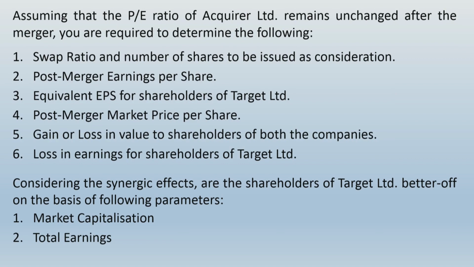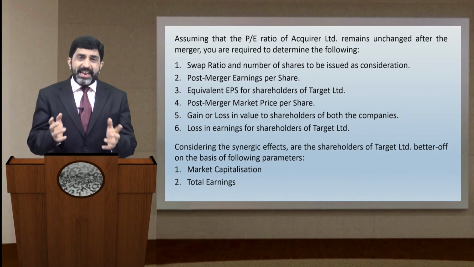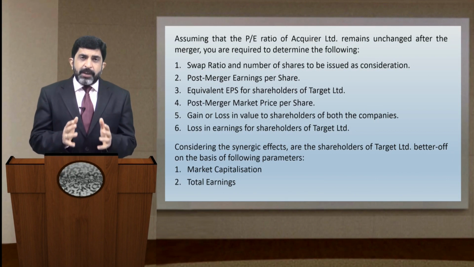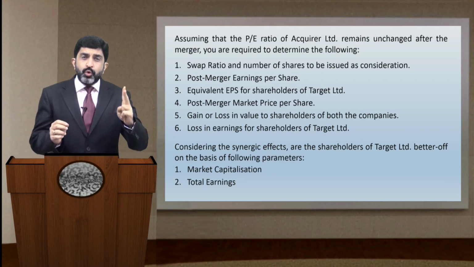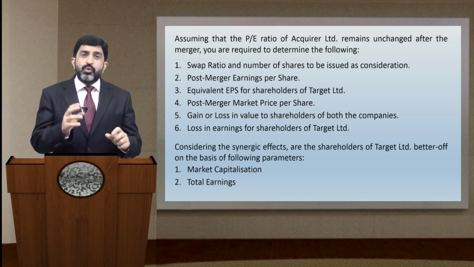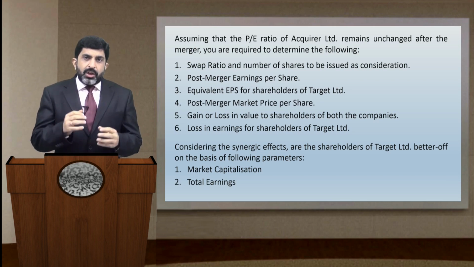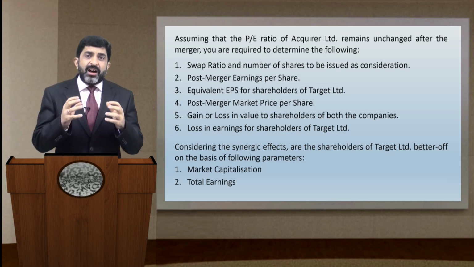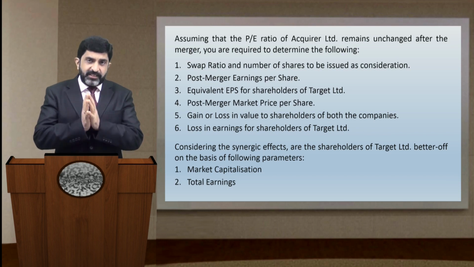So friends, before we approach the solution, let us first understand the given scenario in this question. If you carefully look into what has been given, the question is giving you 2 new points which you haven't seen earlier. Point number 1, you would see that the acquirer is offering a stock swap on the basis of prevailing market prices.